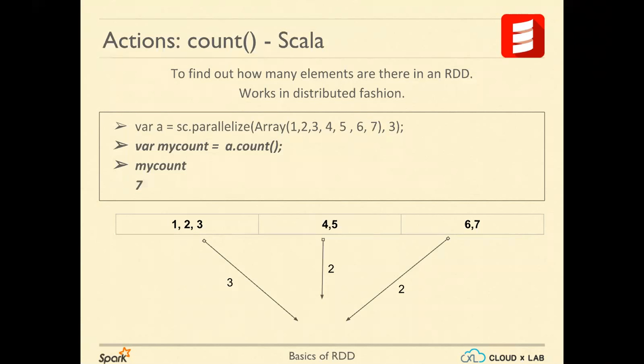So those kind of things you might have to do locally, and therefore in the midway you might have to say, okay, let me just collect the data, bring it locally, operate on it locally, and then send it back to RDD and do the processing. Those are the scenarios in which you use actions in the midway.